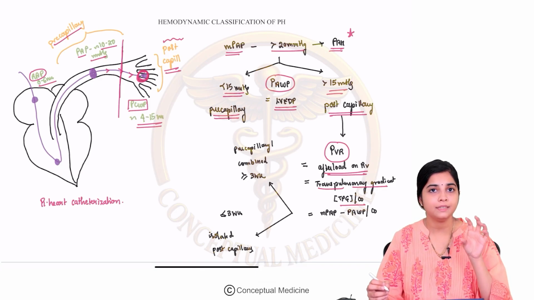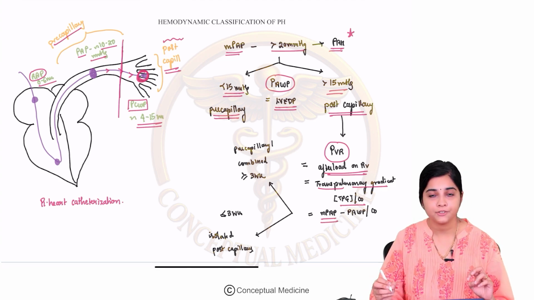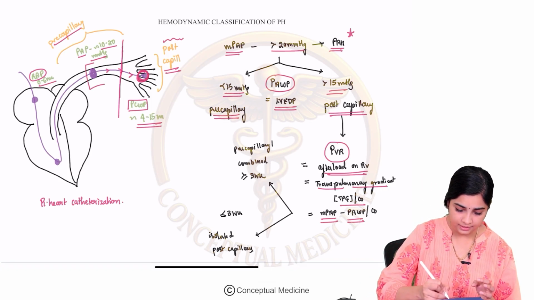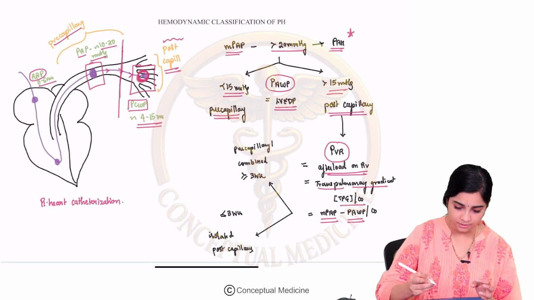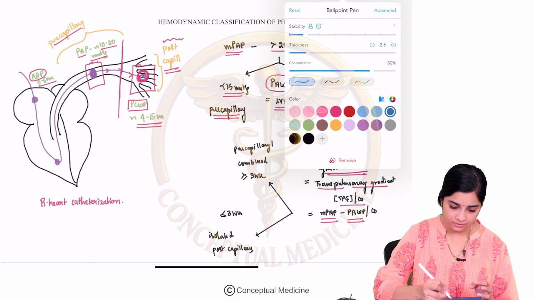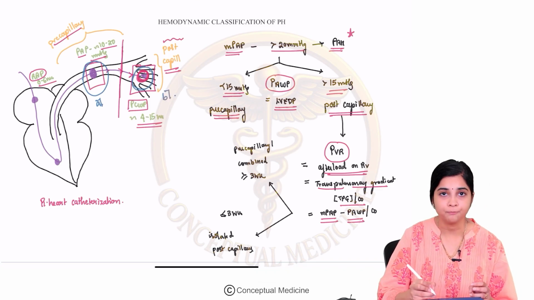So how do you obtain the transpulmonary gradient? It is the mean pulmonary artery pressure minus the pulmonary artery wedge pressure. So you can see that this pressure minus this pressure. Okay, let me use another color for this so you will understand this better. The pressure that we obtain here, let us say, is A, and the pressure that we obtain here is your pulmonary capillary wedge pressure, which is B, right?